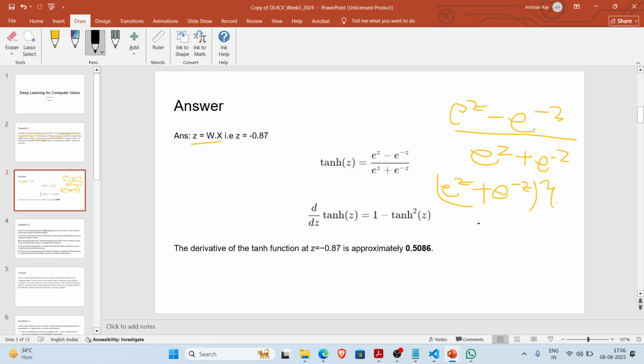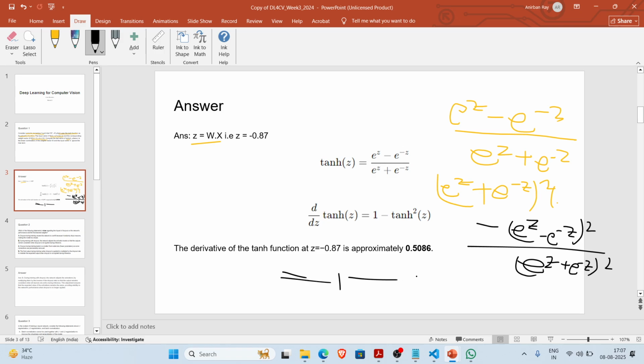So using the quotient rule, this becomes 1 minus tanh squared of z.